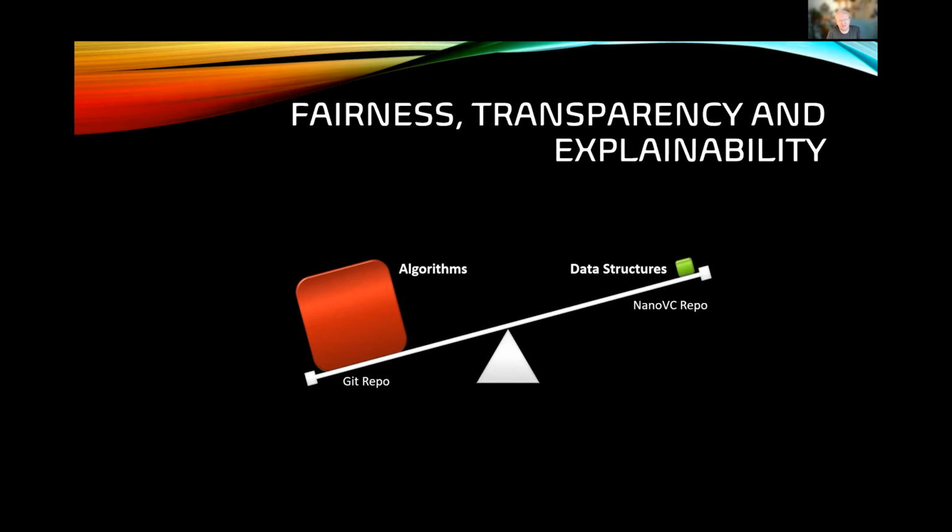What's also very clear to me is that there's a huge gap in terms of the data structures that exist that allow us to get similar type of fairness, transparency, and explainability for the algorithms that we're running and the data structures that we're creating with those algorithms.